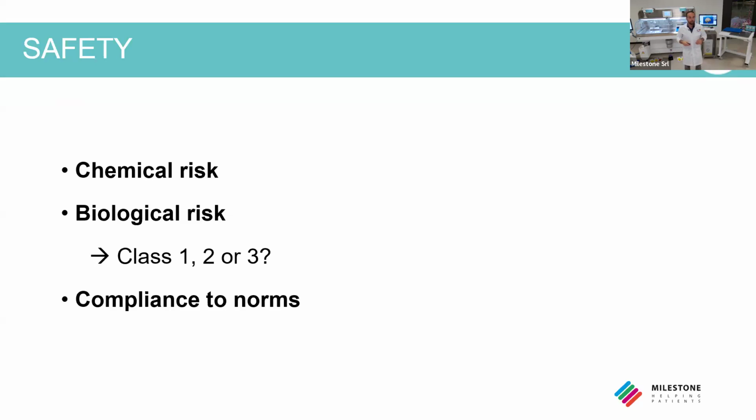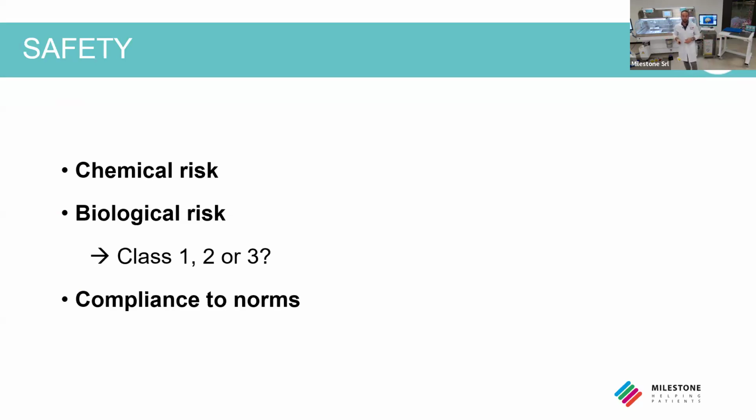In the market, there are several grossing stations, several cabinets that are compliant to chemical and biological norms. In particular, biological norms are more restrictive. The biological cabinets are much safer than the chemical, and they are divided into 3 classes: class 1, class 2, and class 3.